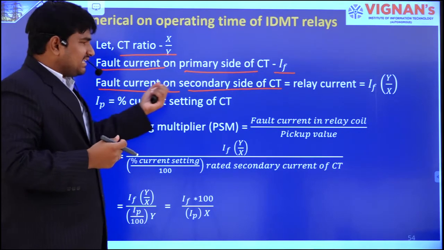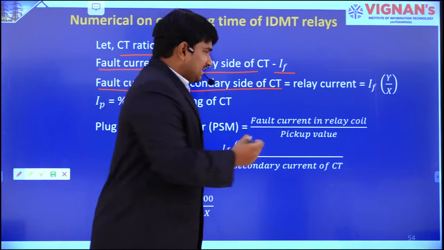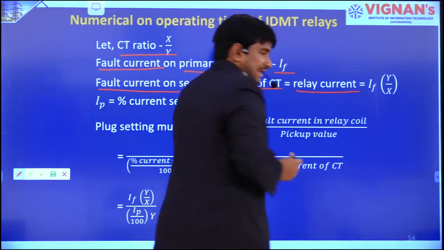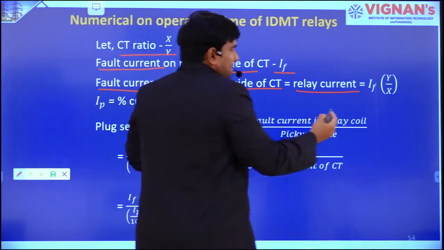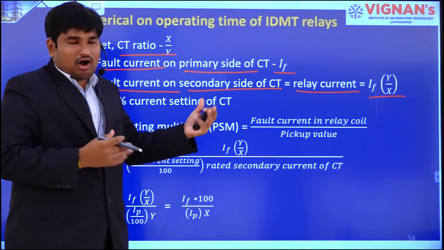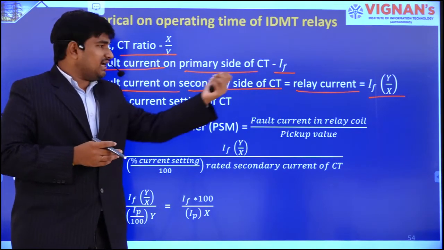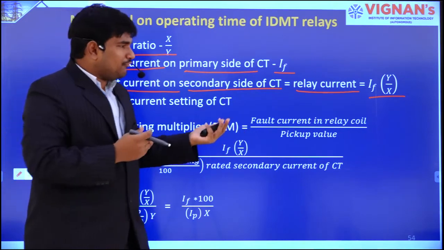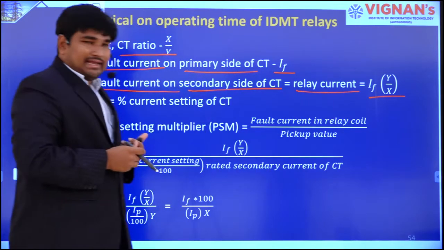The fault current on the secondary side of the CT is equal to the relay input, right? How will it be found? It is IF divided by the CT ratio: fault current divided by CT ratio. Then I could find the relay current.